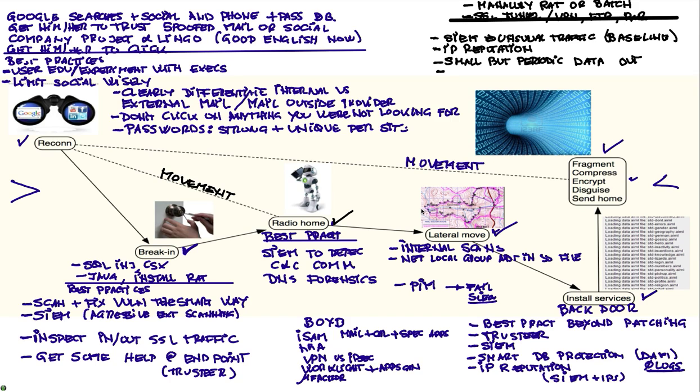And having your SIEM and/or Trusteer detect remote desktop protocols, RDP and VNC, PC Anywhere, any one of those, particularly if they go outside.